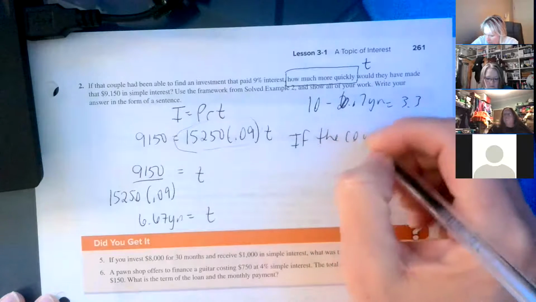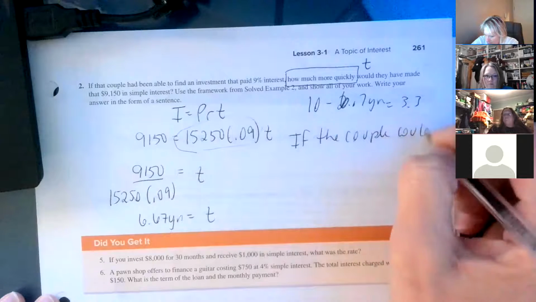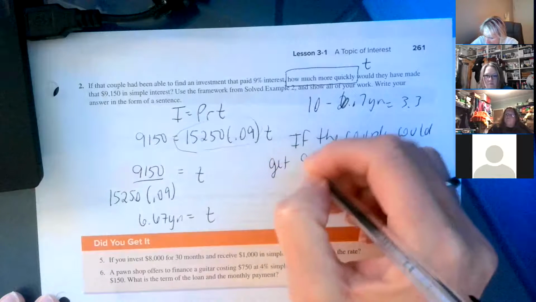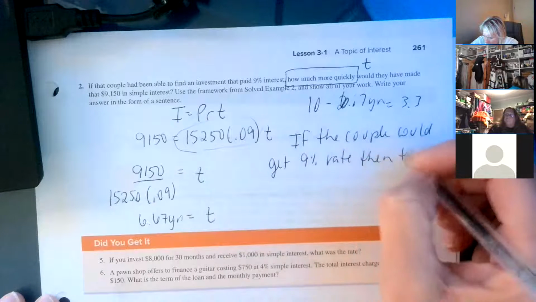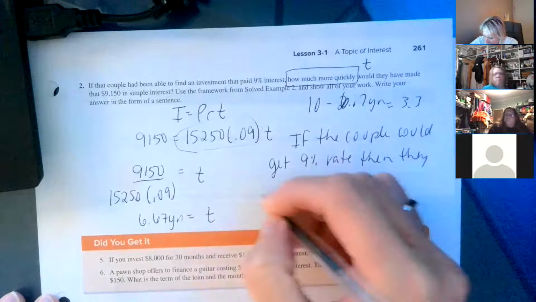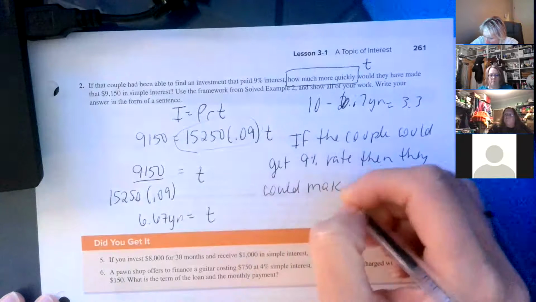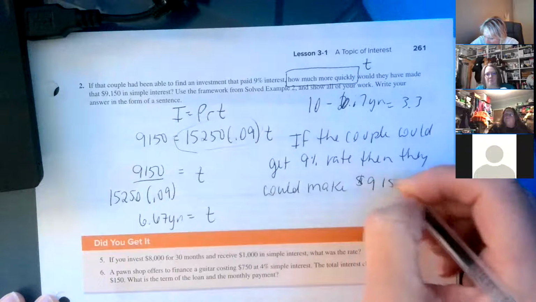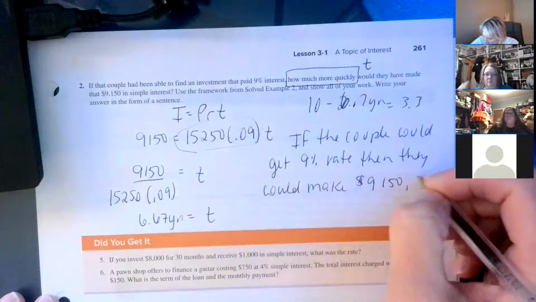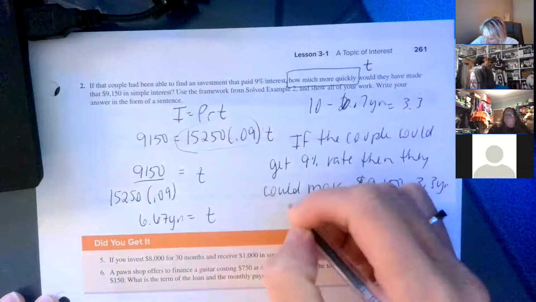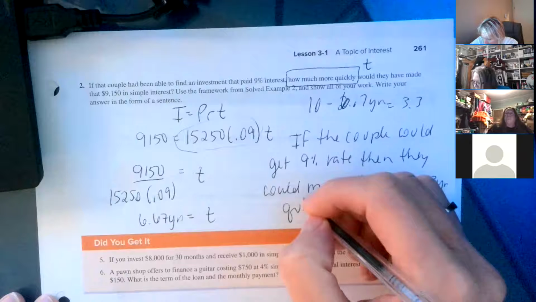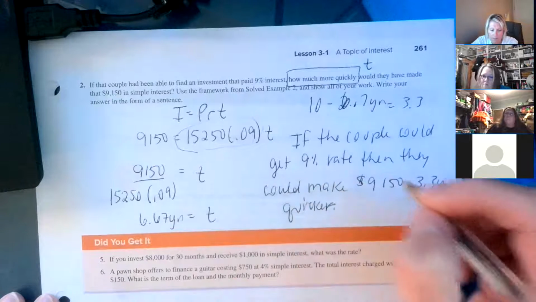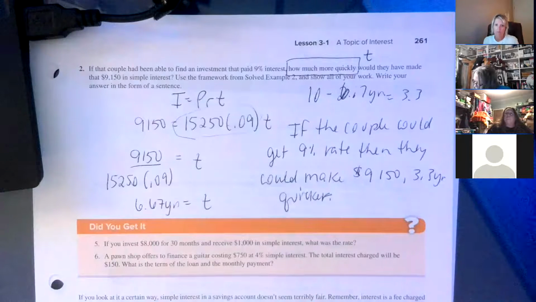If the couple could get a 9% rate, then they could make $9,150 3.3 years quicker, if that's a word. Wowzer, that's a big difference in years. Yeah.